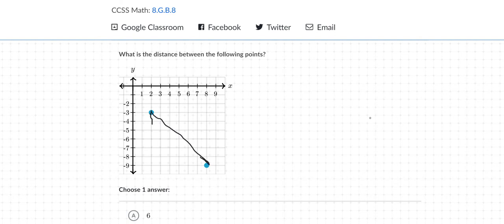I'm going to connect my points, that's my distance, and I'm creating a right triangle. And again, your leg squared plus your leg squared is your hypotenuse squared. So just use a squared plus b squared equals c squared. It doesn't matter which is your a or your b.